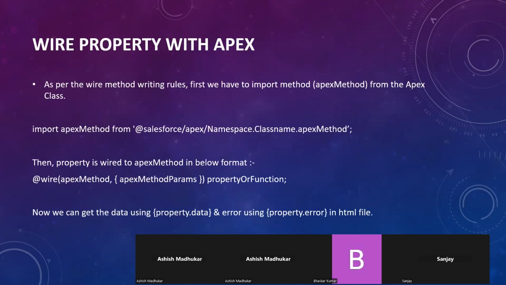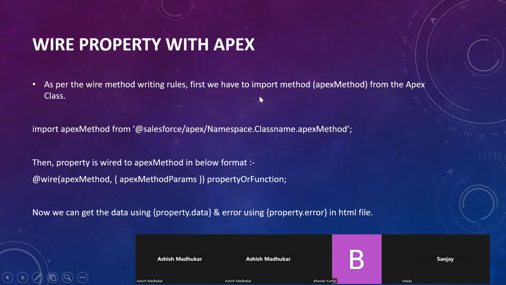Then, wire property with Apex. First, we have to import the Apex method from the Apex class. Here we have given the format for importing your Apex method in the LWC component.